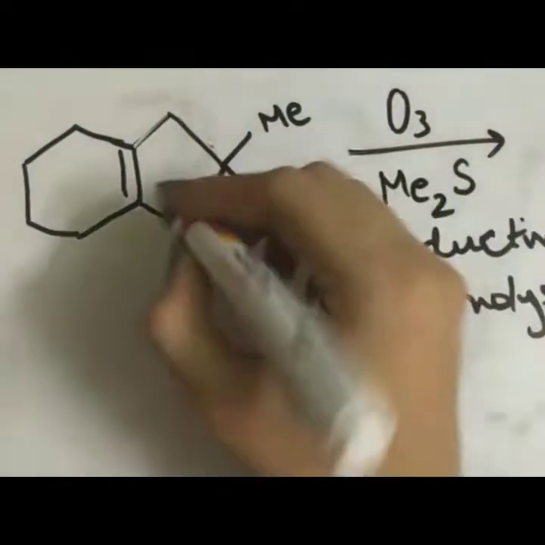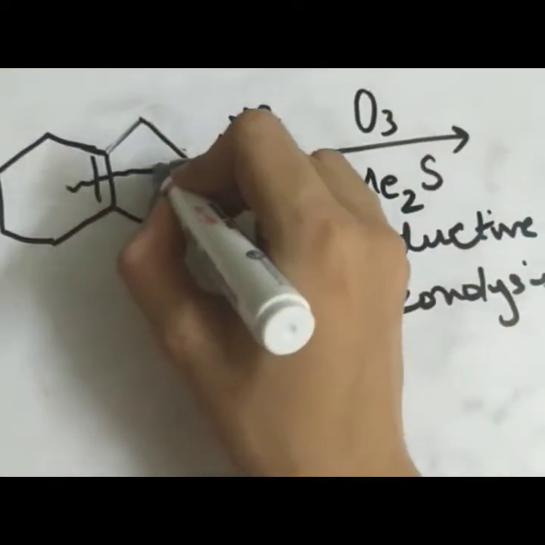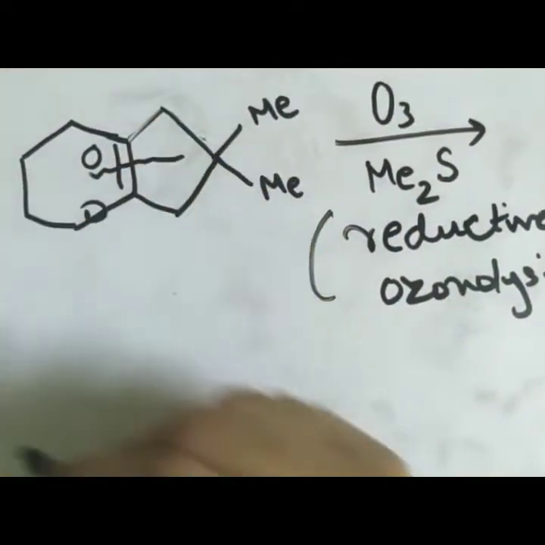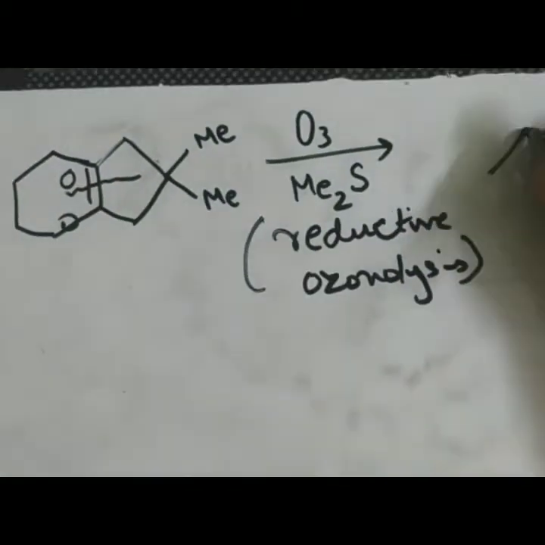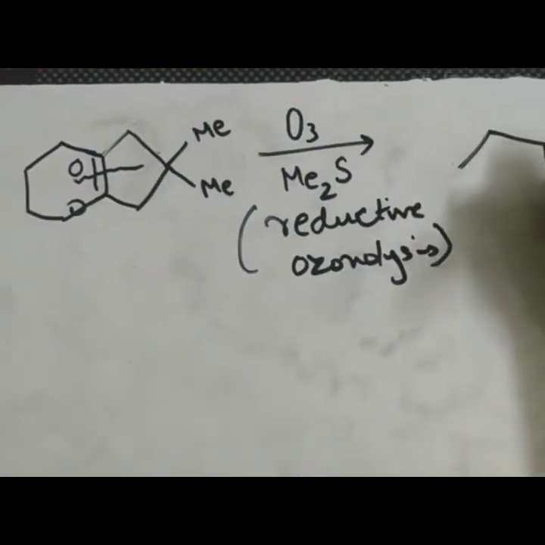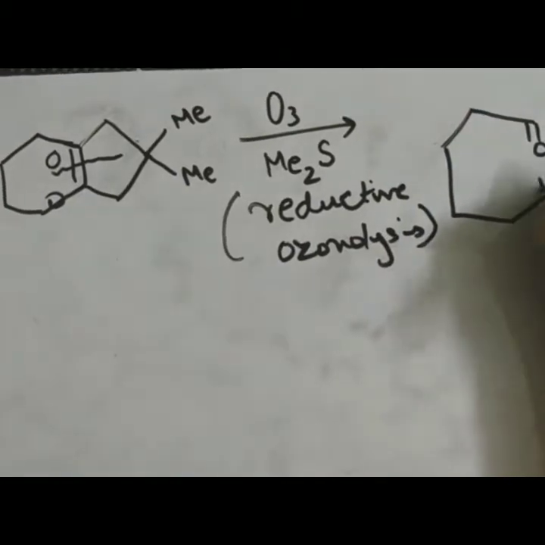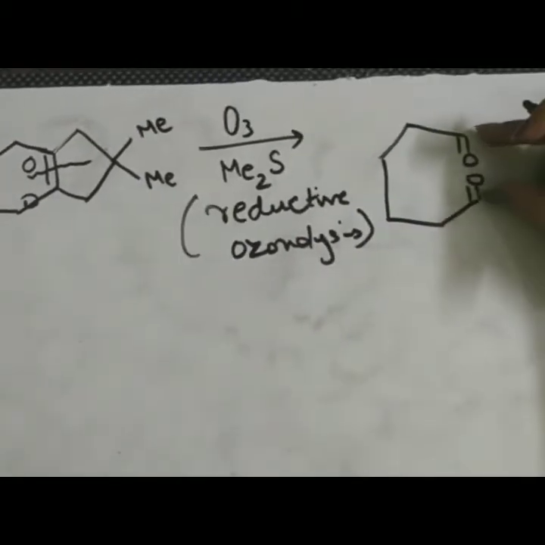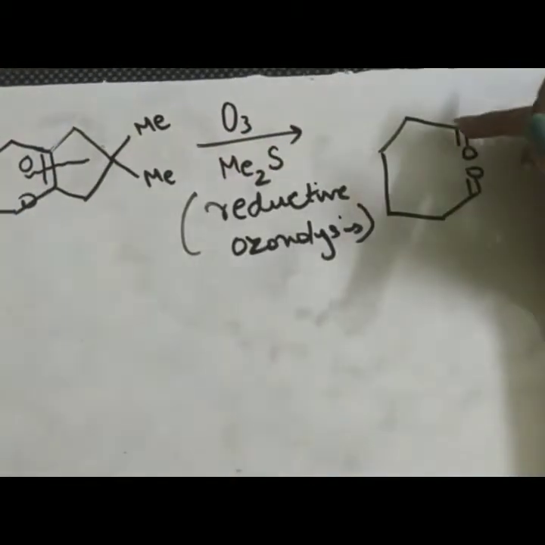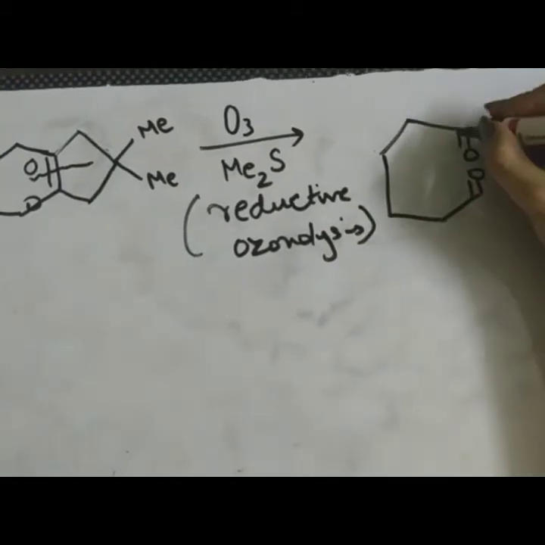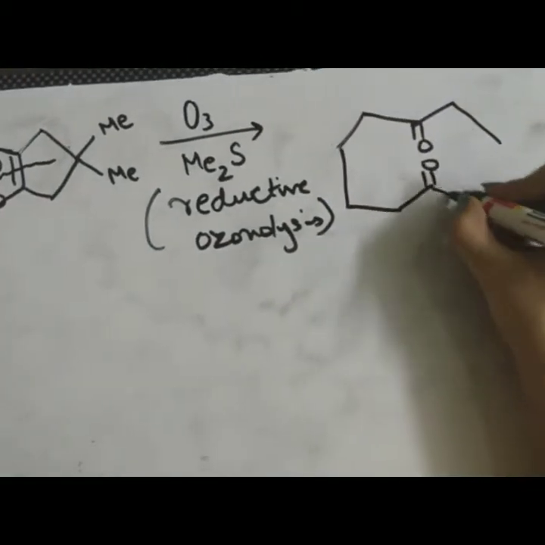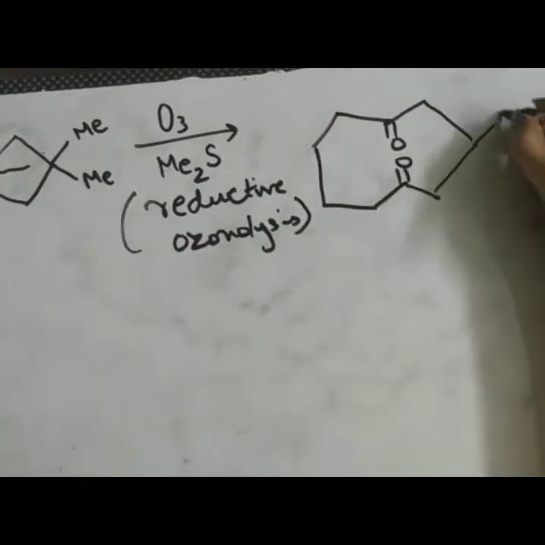So we simply break this double bond and add 2 oxygens on each side. So what happens is we obtain 2 ketones. The double bond breaks and we get 2 carbonyls on each side, and the rest of the things remain the same.